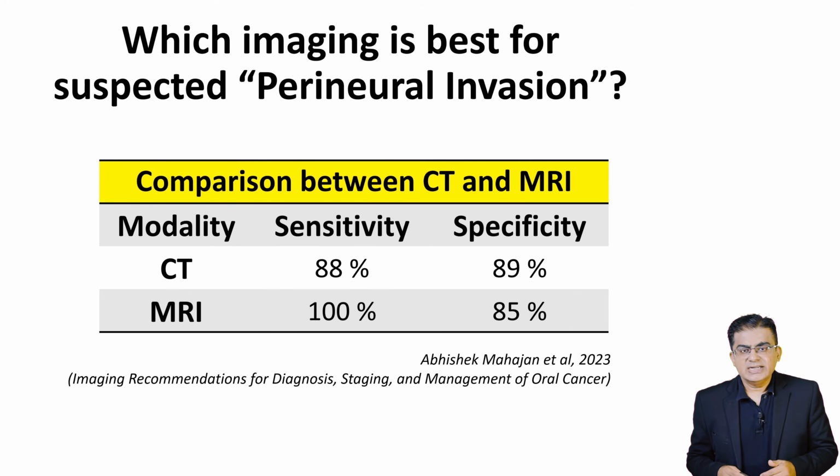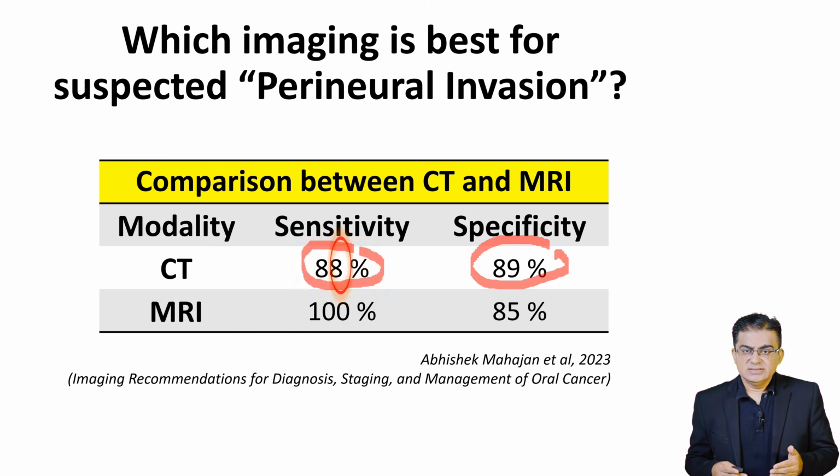Alright, let us look at numbers for CT scan regarding PNI. CT scan has a sensitivity of 88% and a specificity of 89%. What do these numbers actually mean for you when you are going to decide a patient's fate? Let us break down the 88% sensitivity first.